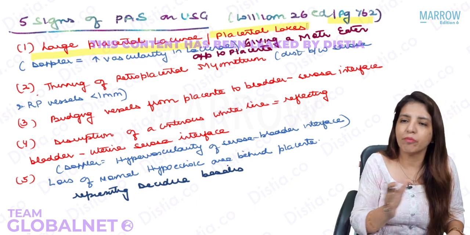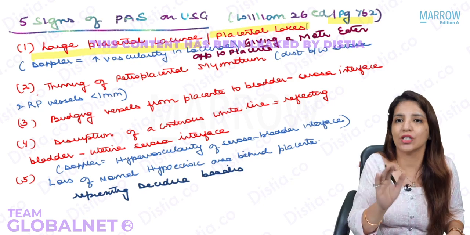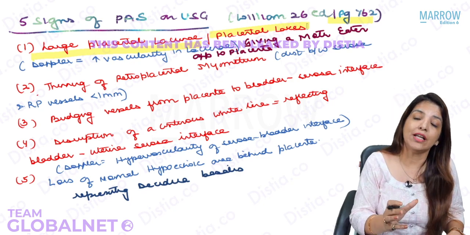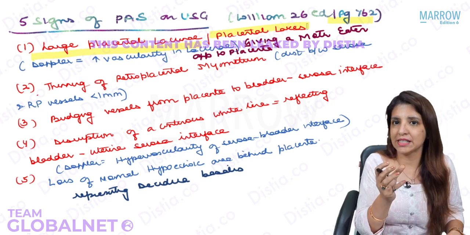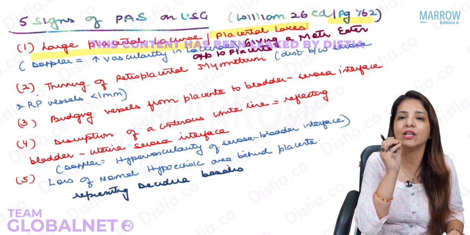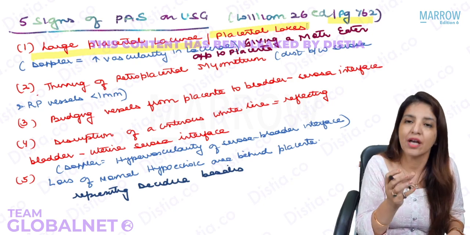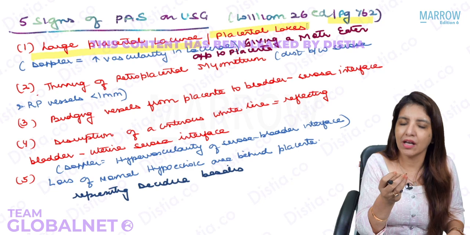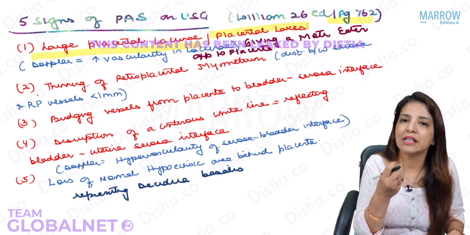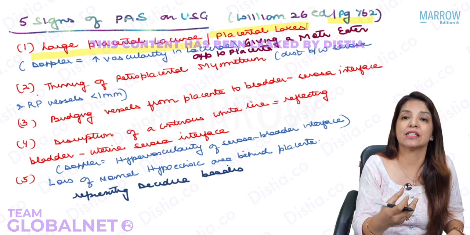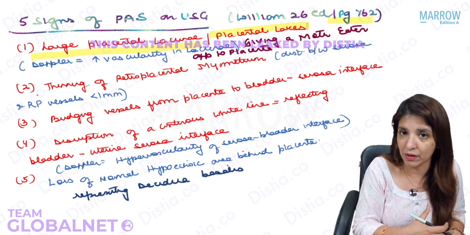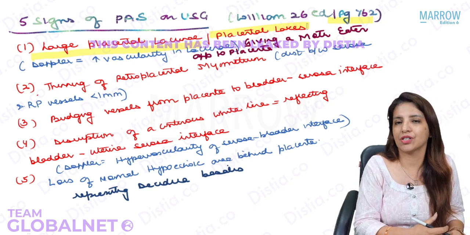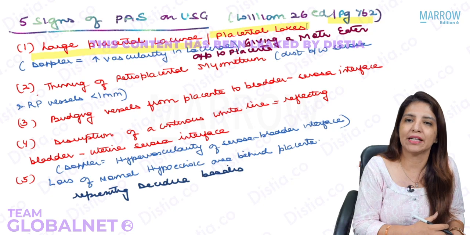Normally a placenta is homogeneous in appearance. If in the homogeneous appearance of the placenta you start getting sonolucent areas, black areas, which represent placental lakes and give the placenta a moth-eaten appearance, that is one characteristic finding in case of placenta accreta spectrum.